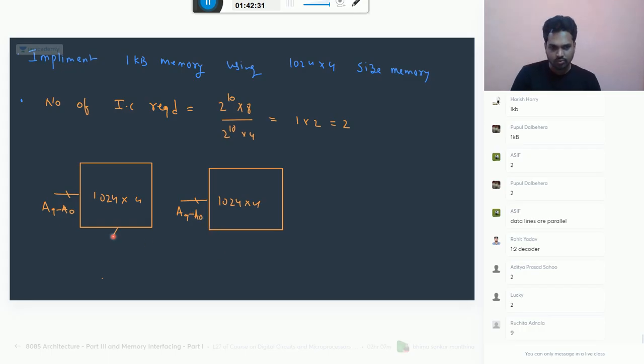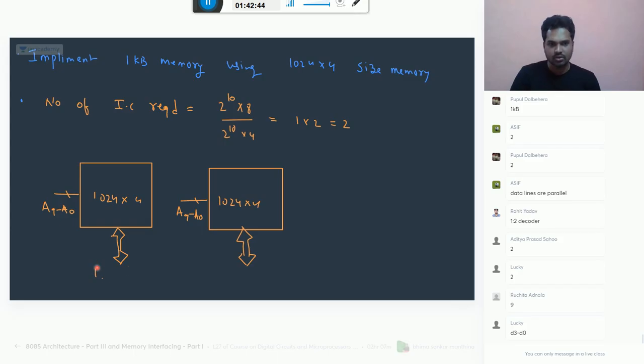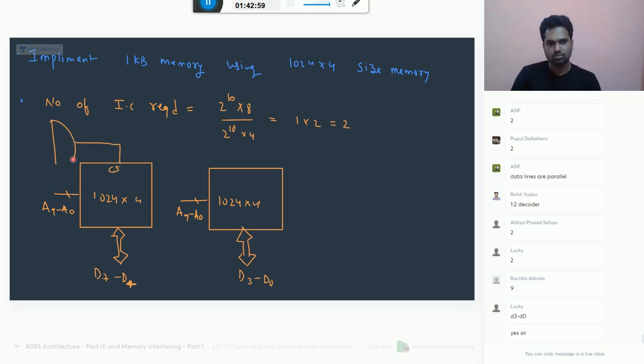This one will give 4 bits, D7 to D4, and this one will give D3 to D0. The remaining address lines are used for chip selection, and here chip selection is common, A15 to A10. So this is the chip selection.